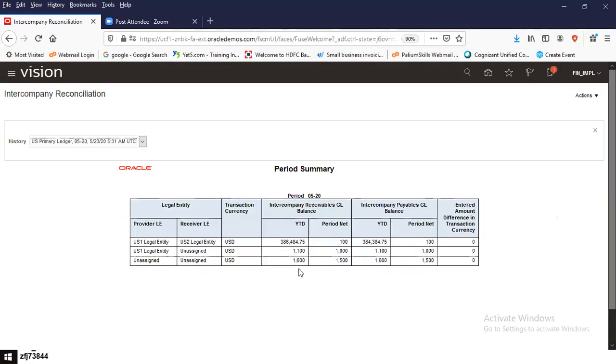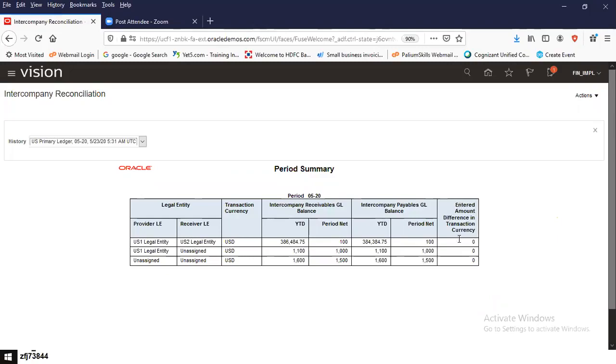Once it completes, you will see the summary. It helps you to understand the differences that might have cropped up.